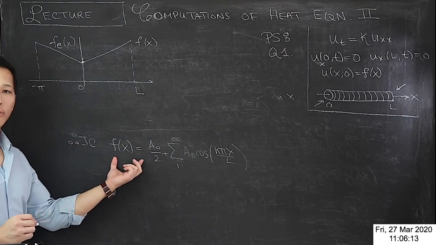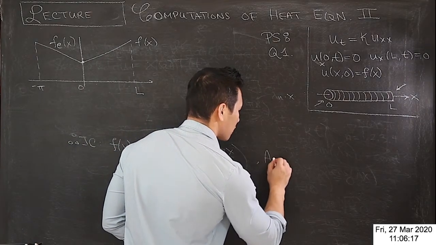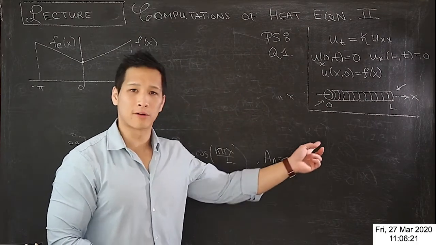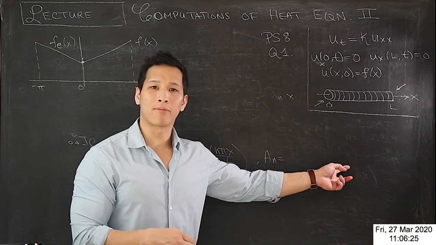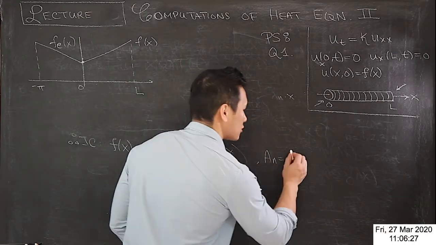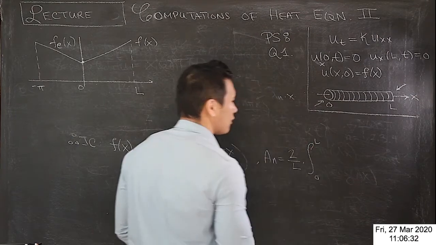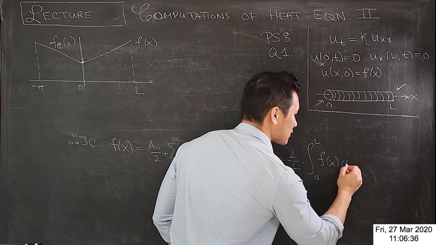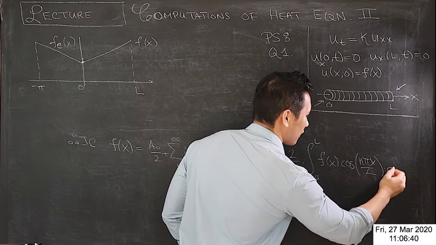And you would have concluded that the even extension is exactly the cosine series. And the a_n is then just 1 over L, the integral from minus pi to pi of f_e, and then you double up again. So that becomes 2 over L, the integral from 0 to L of f of x times cosine of n pi x over L dx.